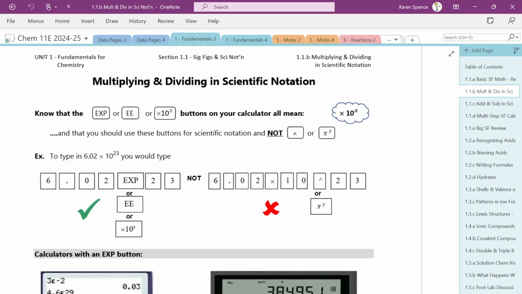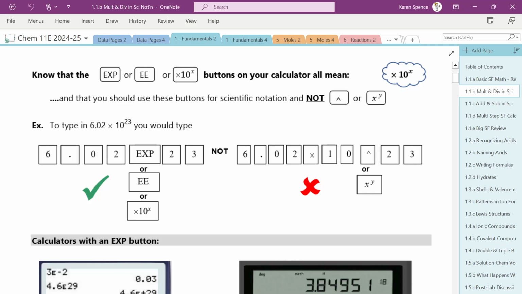Yes. And on your calculator, just to make sure you all know what button you're looking for when you're doing scientific notation, we have the button that says EXP, we have the button that says EE, or we have a button that says times 10 to the X. How many people have been using this button already?